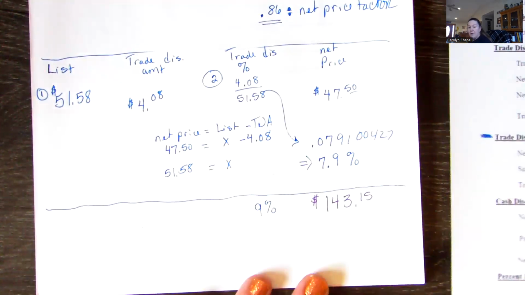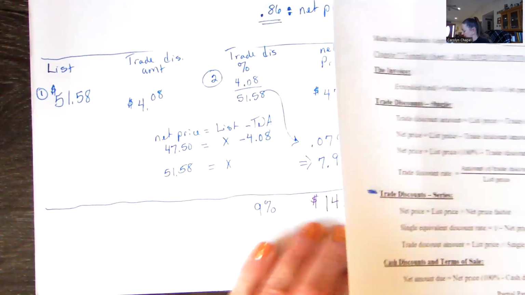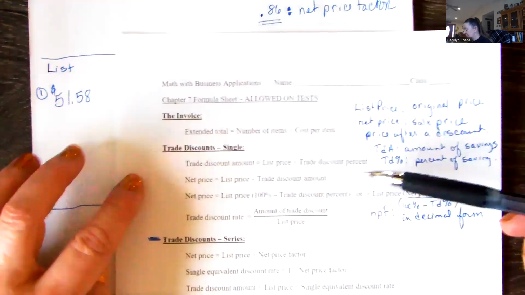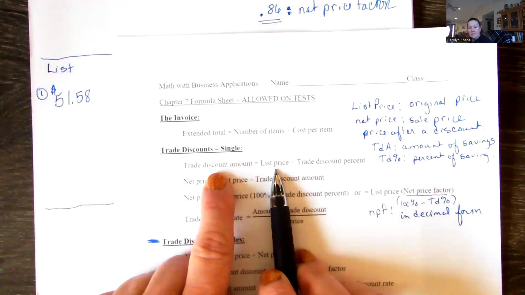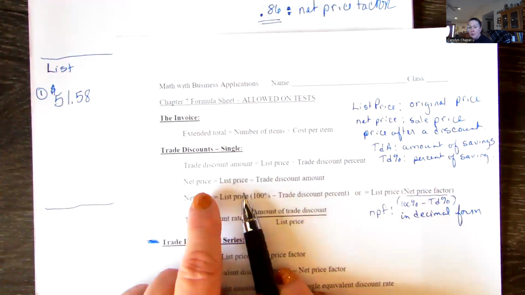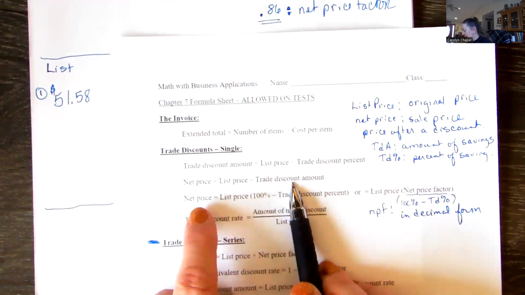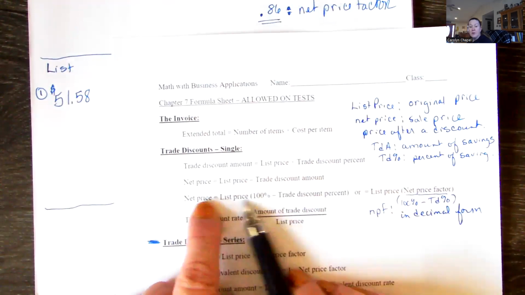All right, and I'm looking at my formula. So we've got our net price and we've got the trade discount percent. If I'm looking at just the formulas I have, this one's not going to help me a whole lot because I don't know 2 of the 3 pieces. Here I don't know 2 of the 3 pieces. Here I have that and I have this. So I could use this piece right here.